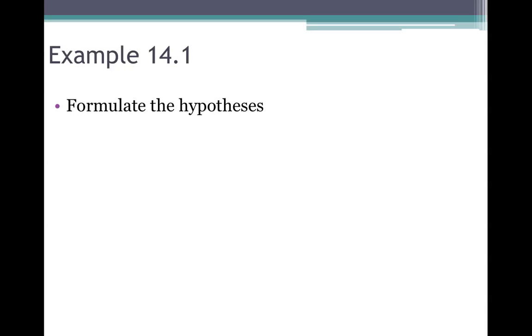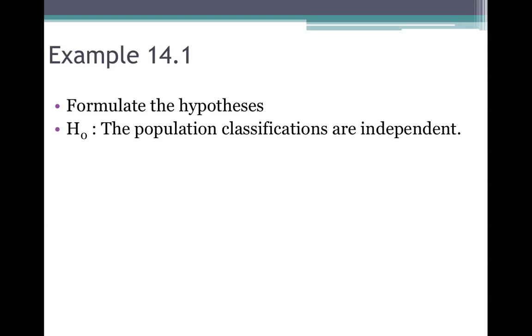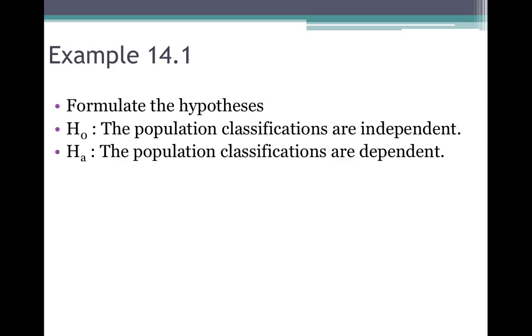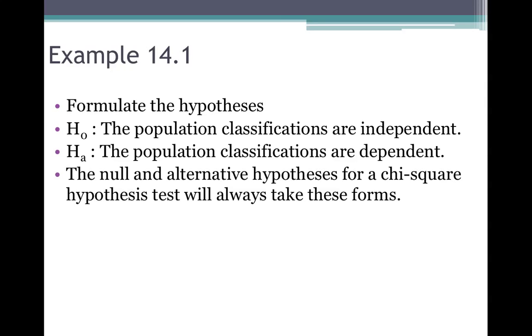There are no symbols when it comes to hypothesis testing for the chi-square test. The null hypothesis is going to state that the population classifications are independent. And the alternative hypothesis is always going to state that the population classifications are dependent. They're always going to take this form.